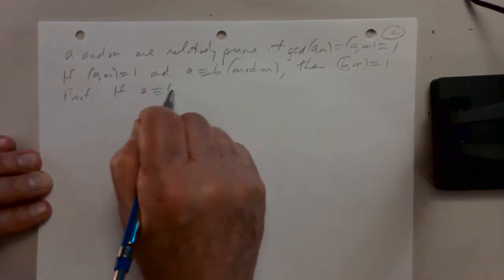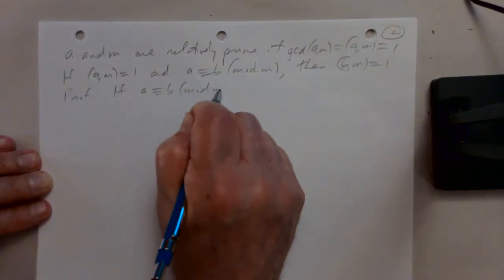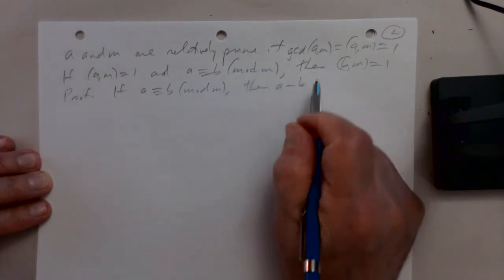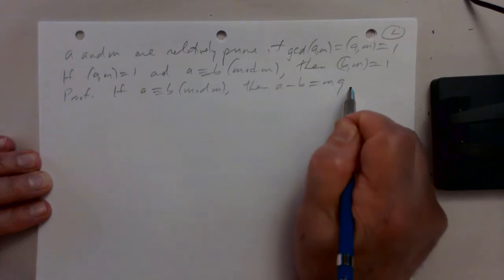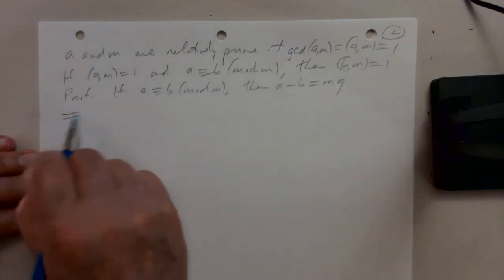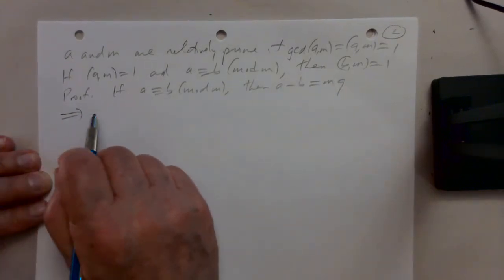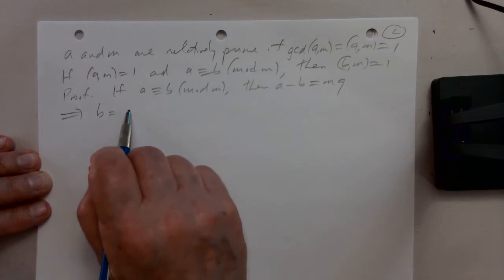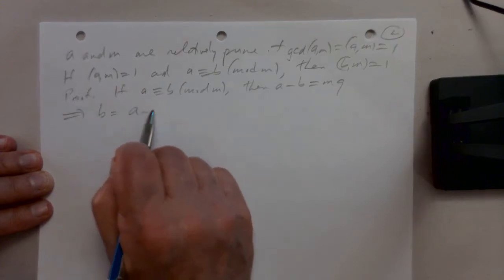And the proof of this statement is very easy. If a is congruent to b mod m, then a minus b is divisible by m. It's mq for some q. So you could write b is equal to a minus mq.